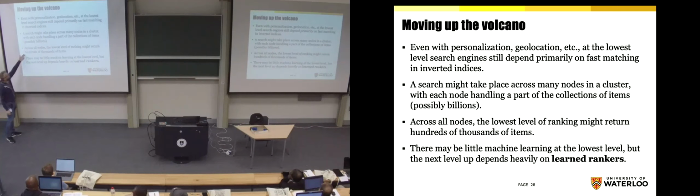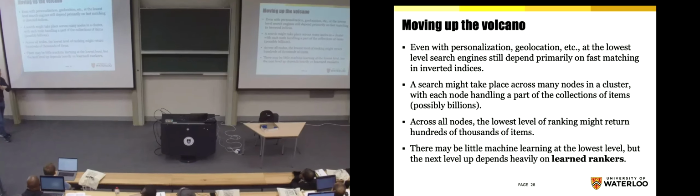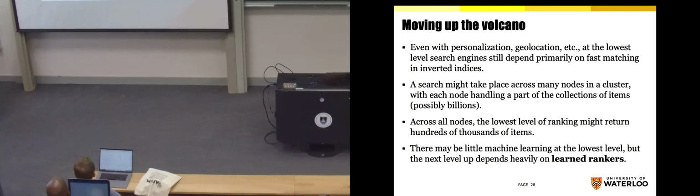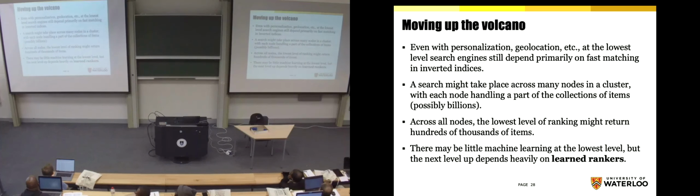And that goes up to another stage that will start to use more and more machine learning to figure out what the answer is. So at the lowest level, you get relatively simple database technology that searches an inverted index very fast. There are algorithms that do these things extremely quickly and get you a pool of things.